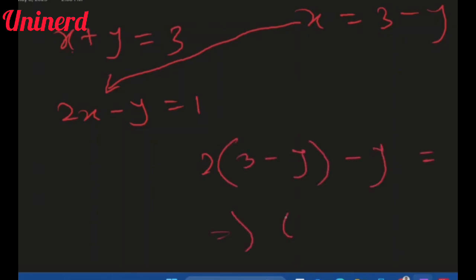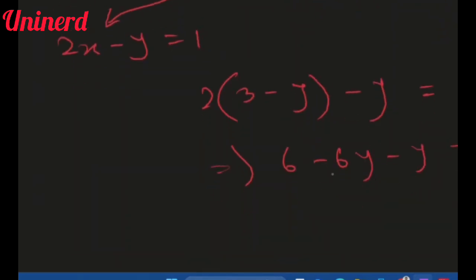In that case, that will be 6 minus 2y minus y equals 1. Not 6y, sorry, 2y. Then we will have 6 there, and minus 3y equals minus 5. And the solution will be y equals 5 by 3.